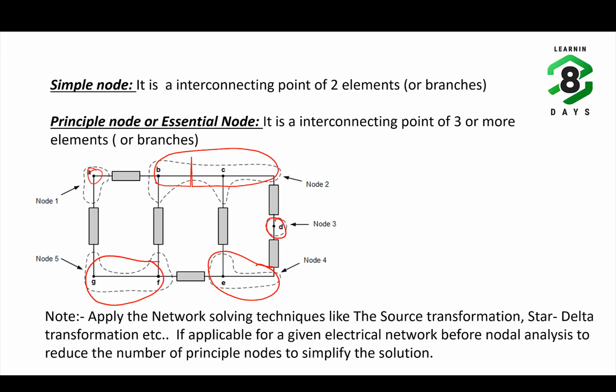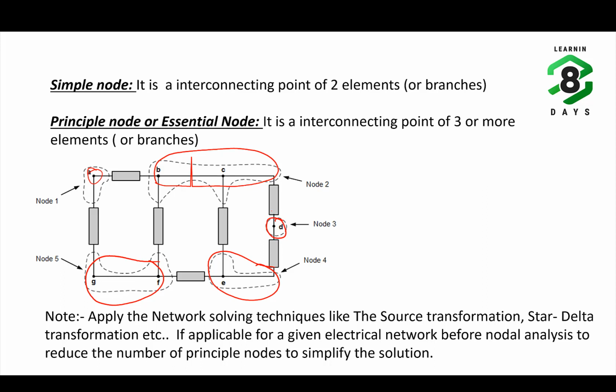Identifying the principal nodes is the first step in nodal analysis. One important note is that while solving any network theory problem by nodal analysis, it is always advisable to reduce the number of principal nodes in a given electrical network, because reducing the number of principal nodes reduces the number of nodal equations and the solution will be simpler.